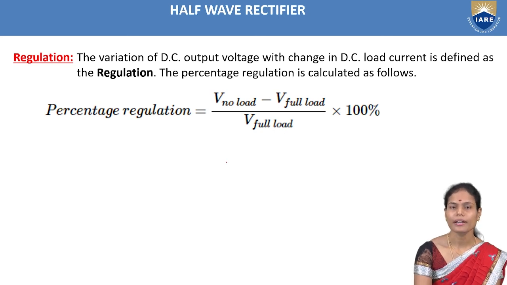That is, we have to calculate the output of the rectifier without load resistance, that is the V no load, and the output of the rectifier with load resistance RL. Then we substitute the two values to find the regulation. This regulation factor should be minimum in order to get a stabilized DC voltage for the load.